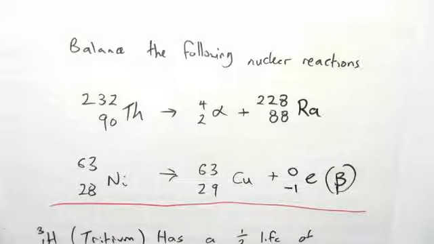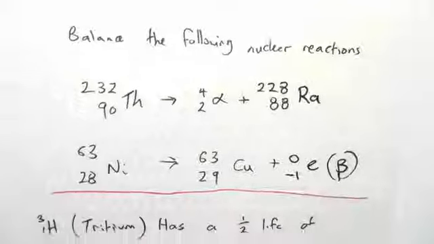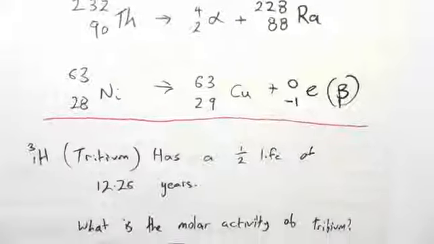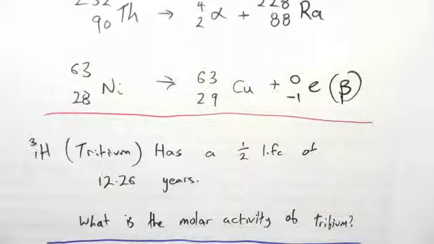And then the last question is also pretty straightforward. So tritium, hydrogen-3, has a half-life of 12.26 years. What is the molar activity of tritium? So if you had 1 mole of tritium sitting on a bench, how many times would it decay per second? So how many decays would happen per second?